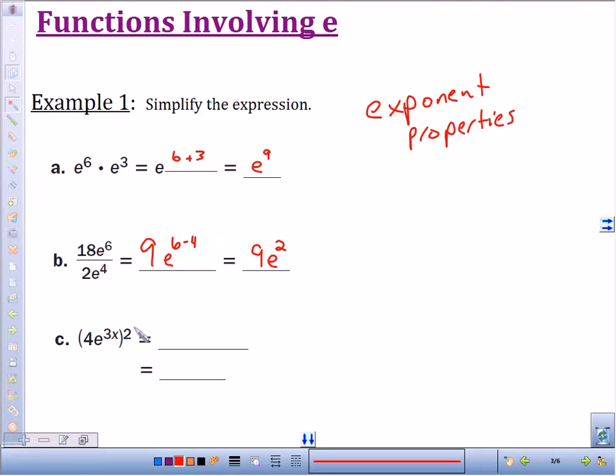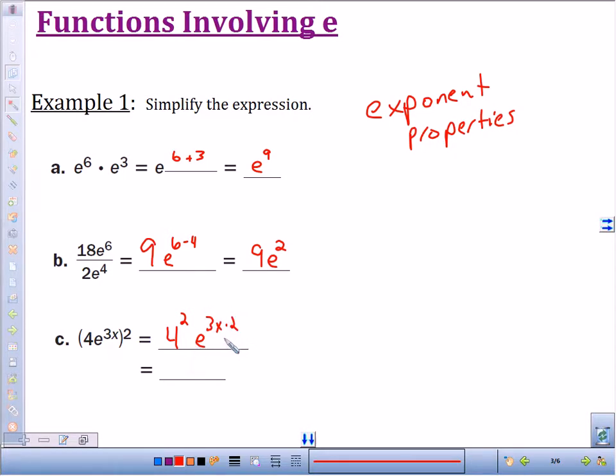Same thing here, raising a power to a power. Another property we've seen a lot. When we raise 4e to the 3x to the second power, we get 4 to the second power, and then e to the 3x times 2, because we multiply the exponents.